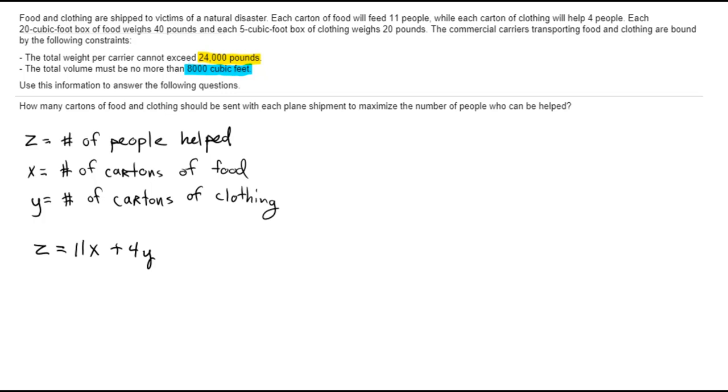To organize this information given in the problem, I'm just going to set up a quick chart. We have food and clothing, and then the weight and the size. Just a quick little chart.